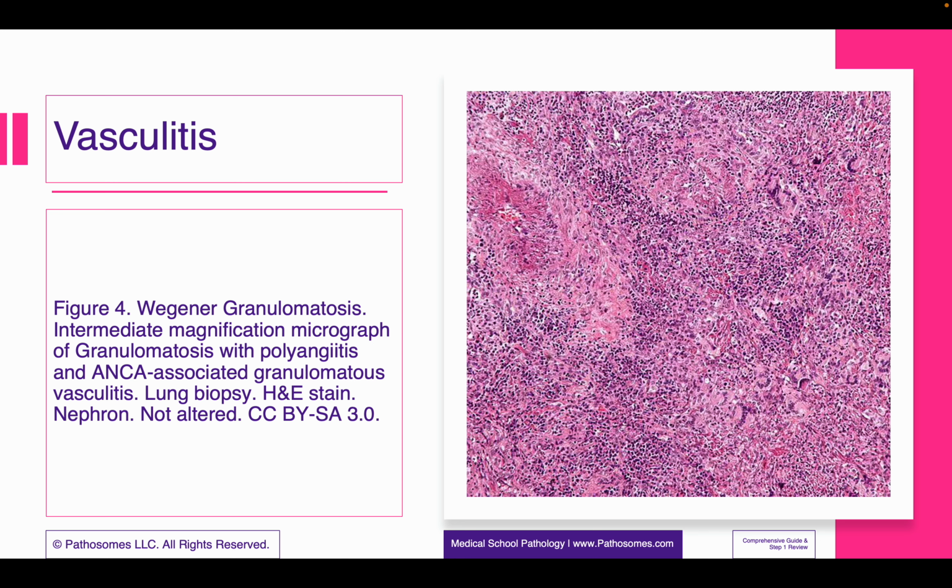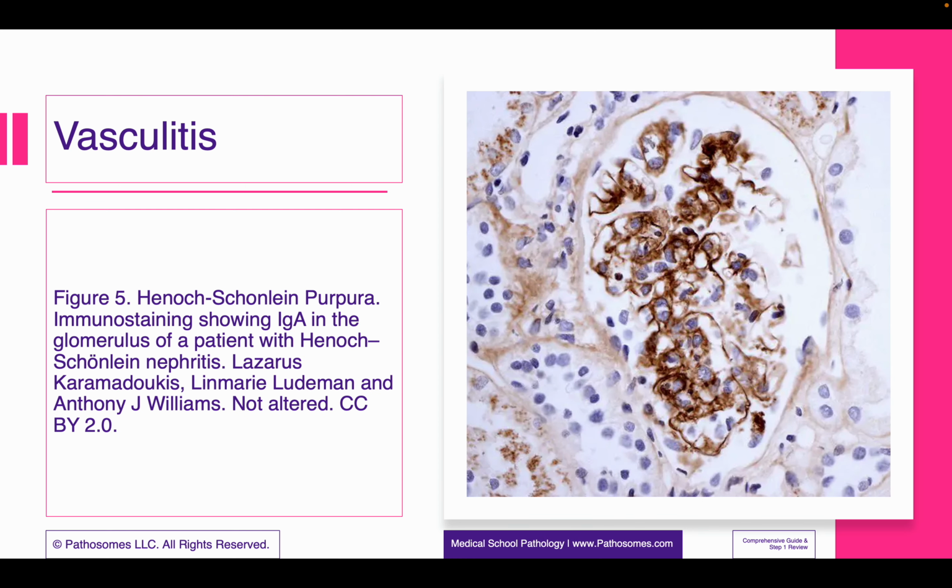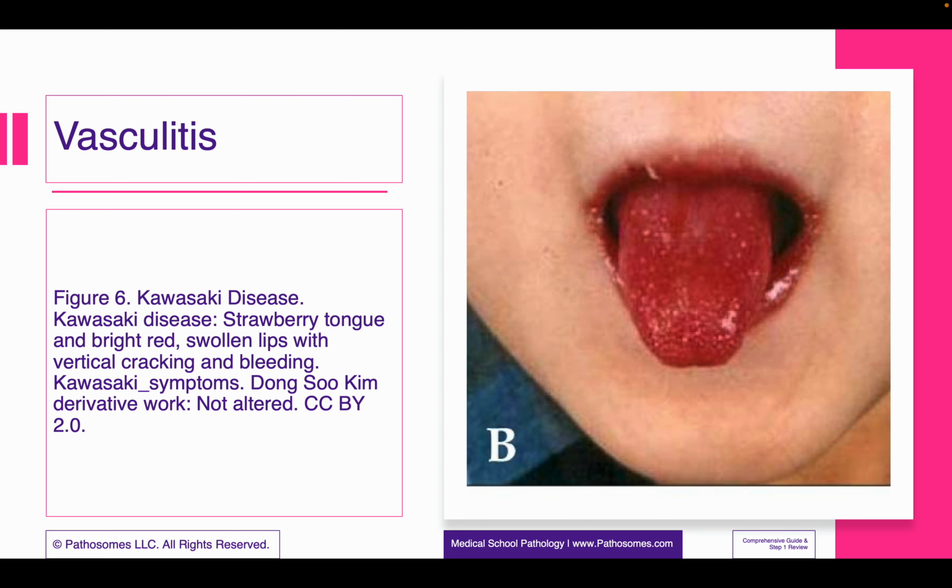Some people remember it as Wegener granulomatosis with a C, so that they remember it's c-ANCA. Henoch-Schönlein purpura can affect the kidneys. And here we see IgA staining in the glomerulus of a patient with Henoch-Schönlein nephritis.